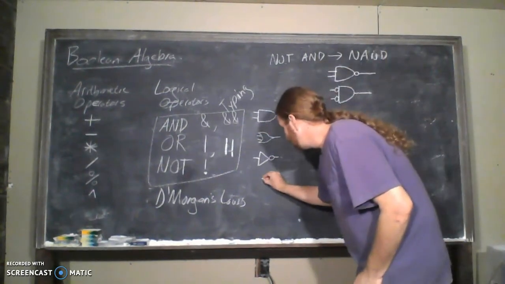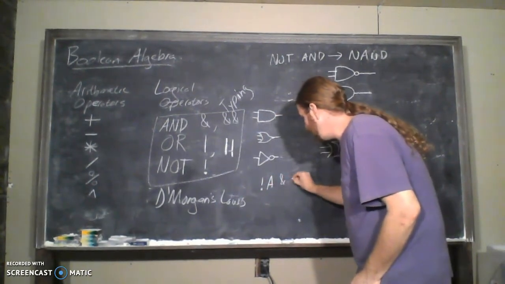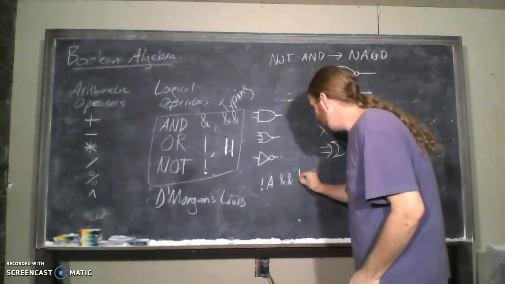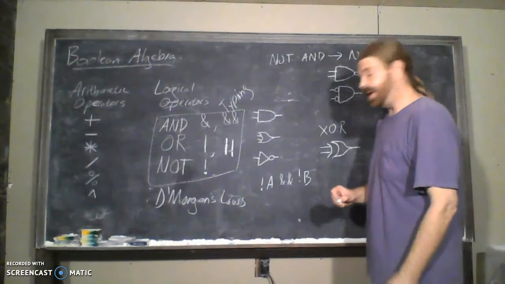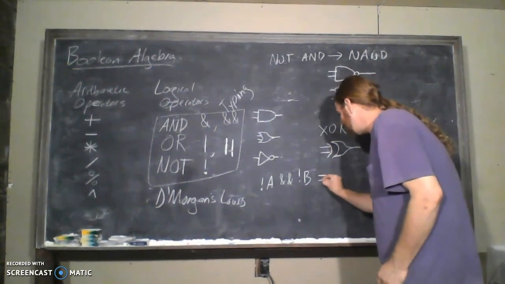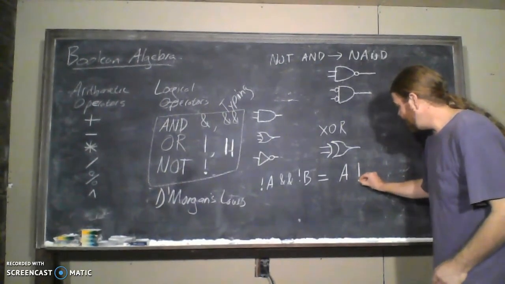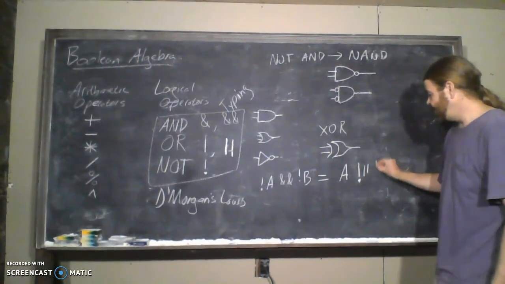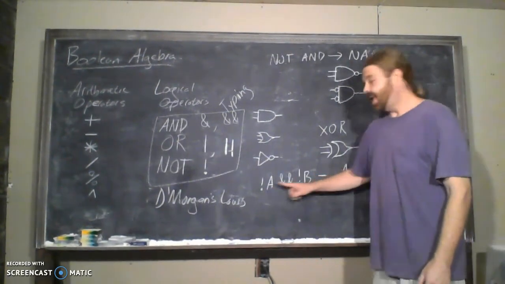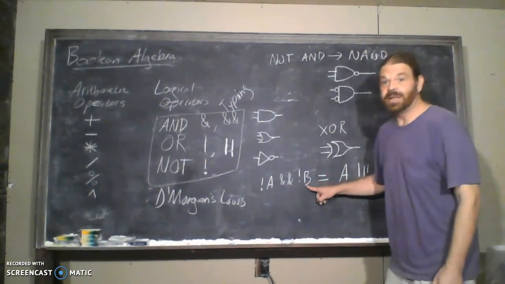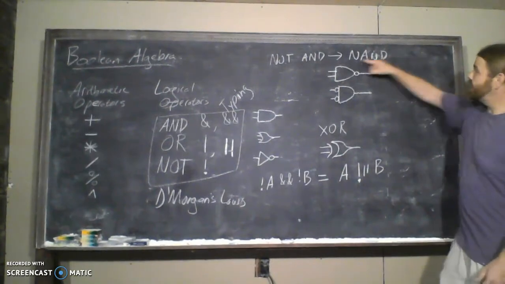So not A and not B. Well, that will give you the exact same thing as A nor B. So not A and not B is equivalent to A nor B. Nor being not or.